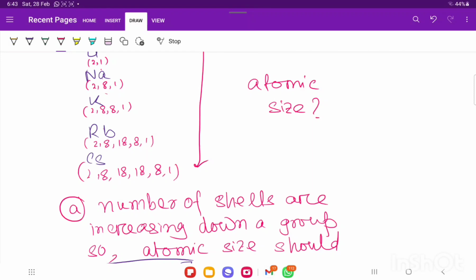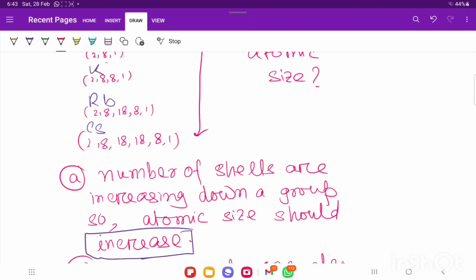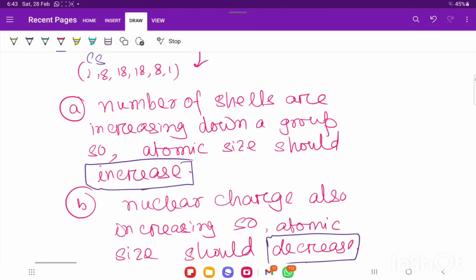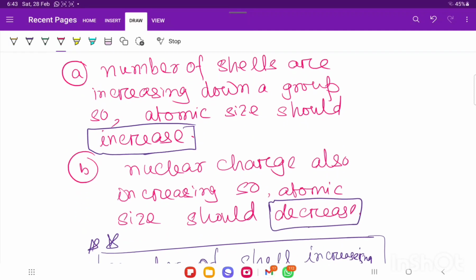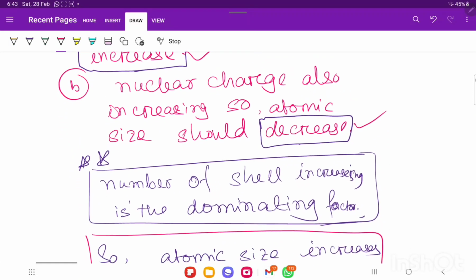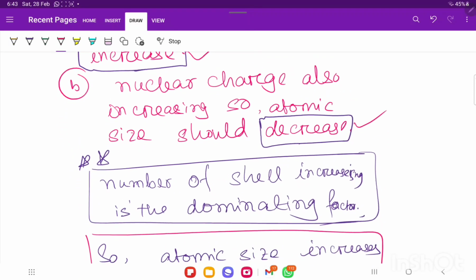In every case the number of shells is increasing, so the atomic size should increase. Nuclear charge is also increasing, so the atomic size should decrease. Now one factor is increasing and one is decreasing, so who will dominate here? That is what we have to see. The number of shells increasing is the dominating factor.